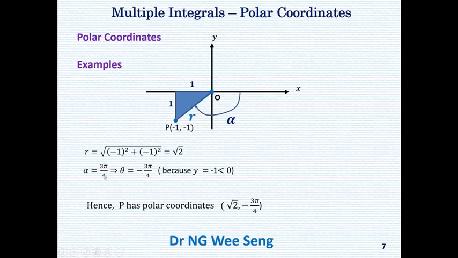It turns out to be 135 degrees, or 3 pi over 4. But because this point lies below the x-axis, theta is negative of alpha. Therefore, this point P has polar coordinates square root 2 for r, -3 pi over 4 for theta.